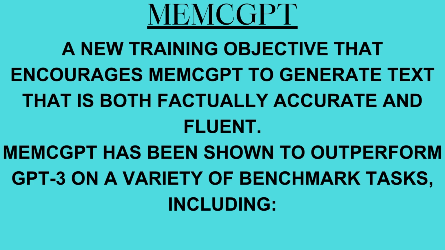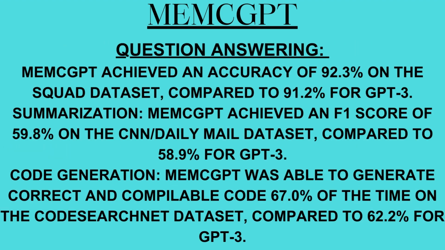MEMCGPT has been shown to outperform GPT-3 on a variety of benchmark tasks, including question answering. MEMCGPT achieved an accuracy of 92.3% on the SQuAD dataset compared to 91.2% for GPT-3.